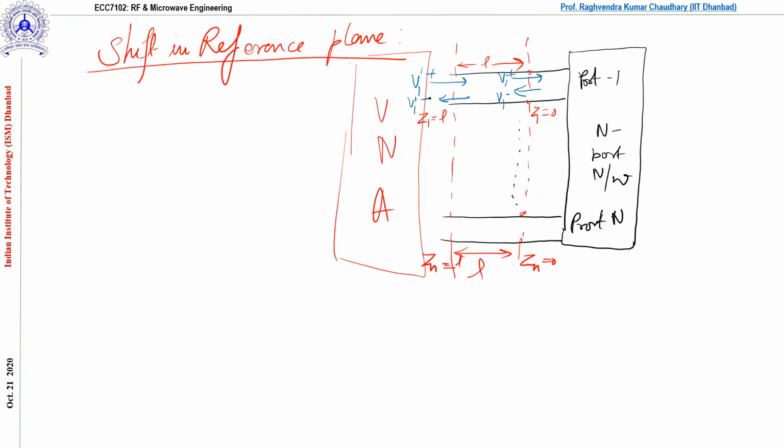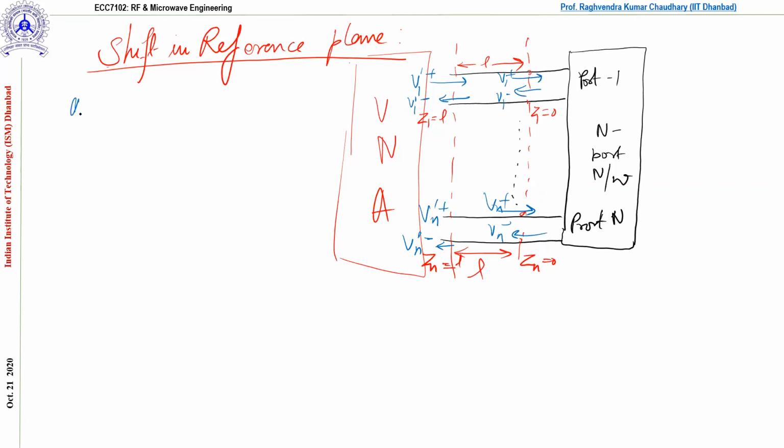Similarly, the situation could be realized here. This is the incident one, Vn plus, and the reflected one is Vn minus. In the same way, at the end of the cable, this could be Vn dash plus, and this is Vn dash minus. Correct.